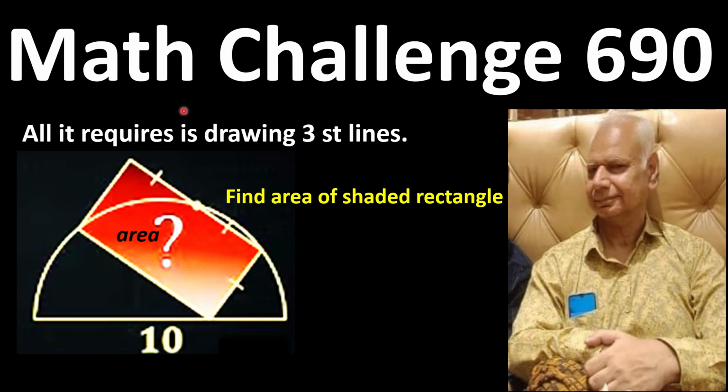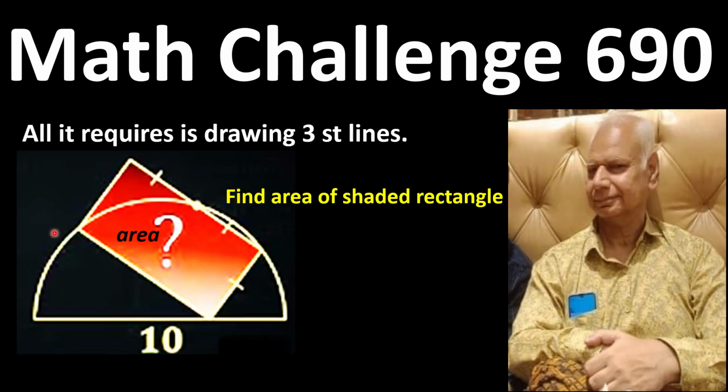In Math Challenge 690, we have a semicircle of diameter 10 and a rectangle, part of it projecting outside. You can see the midpoint. The height of the rectangle is divided into two equal parts at the point where it intersects the circumference.